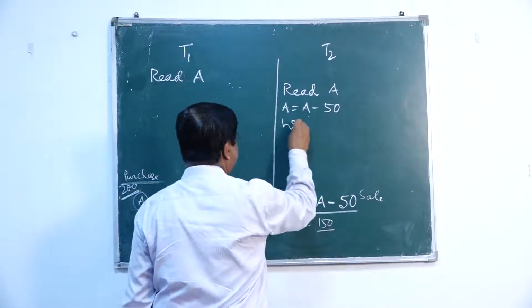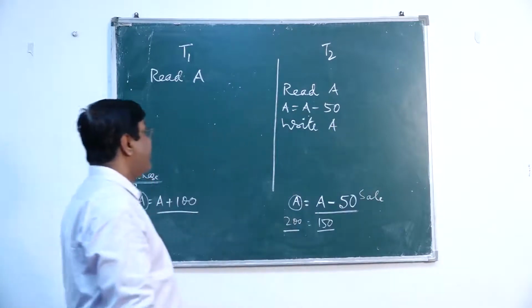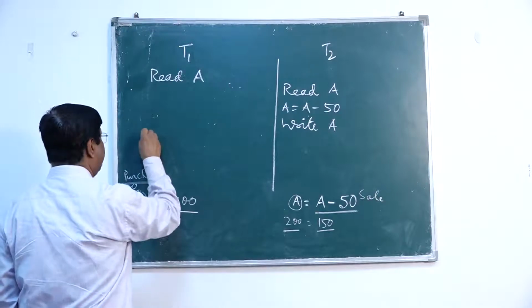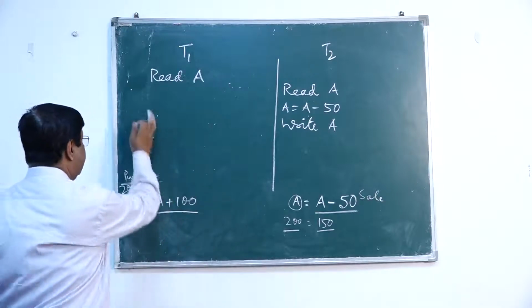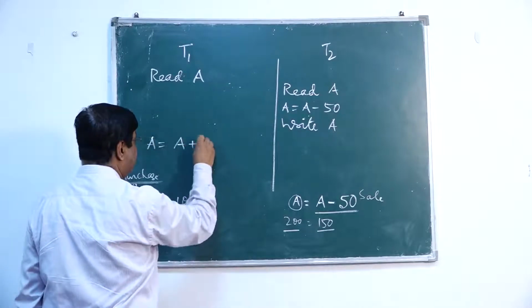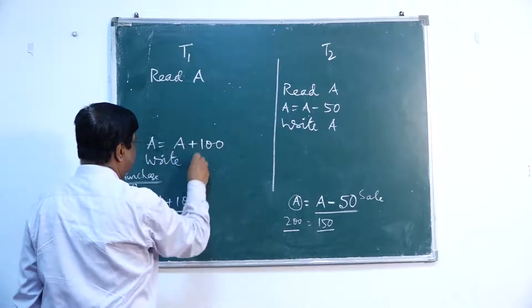Now it writes A to the secondary memory, and then the processor comes back to T1, and here A is equal to A plus 100, and then write A.